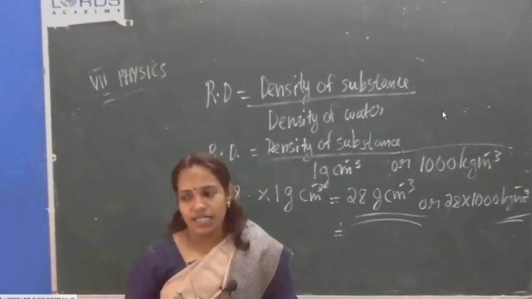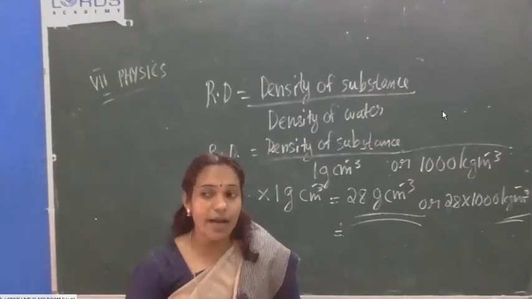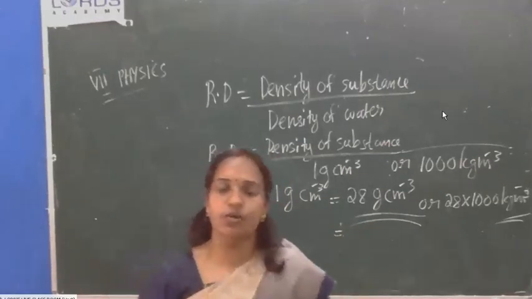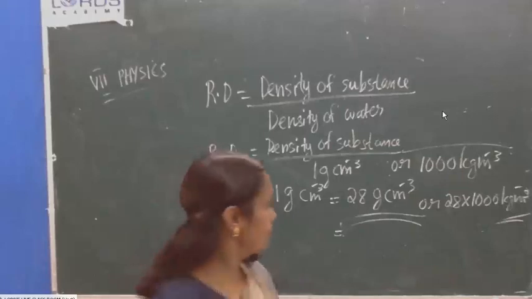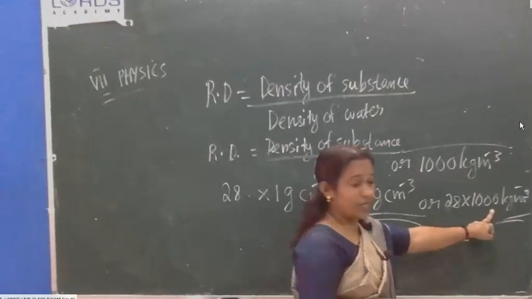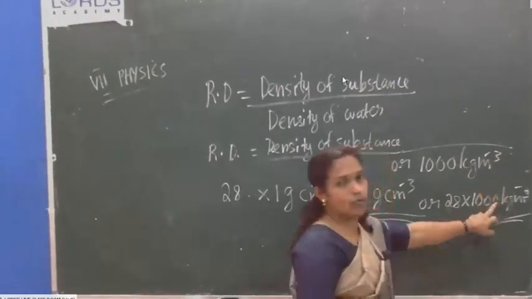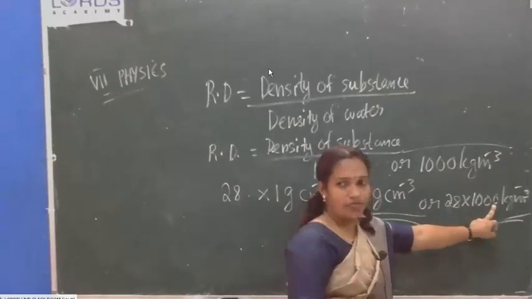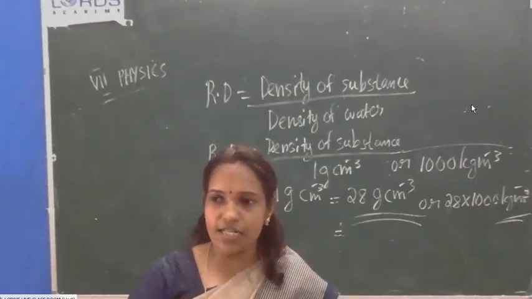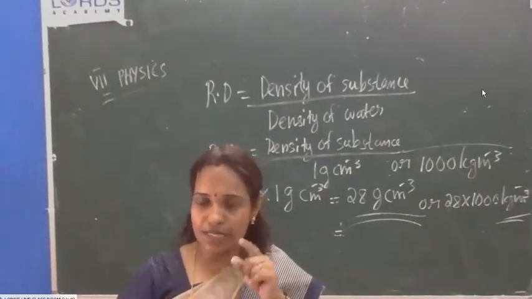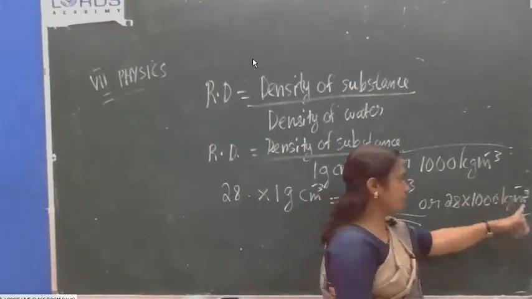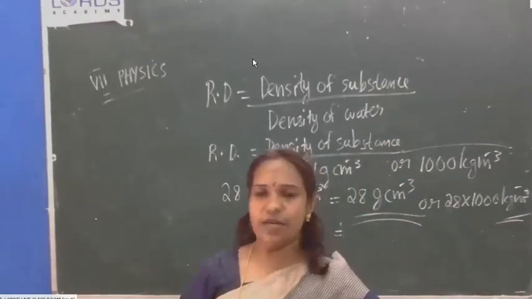Density of substance in kilogram per meter cube. What to do? Equal to relative density into 1000. Density of substance in kilogram per meter cube is equal to relative density into 1000. That much only, kilogram per meter cube.